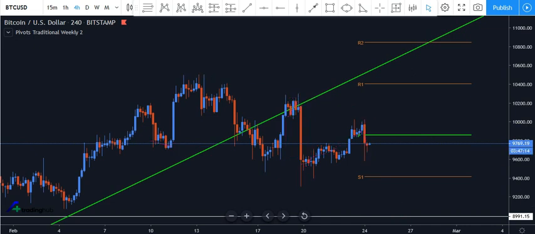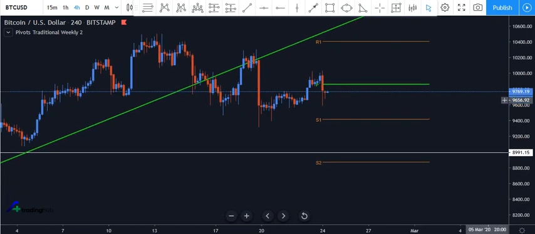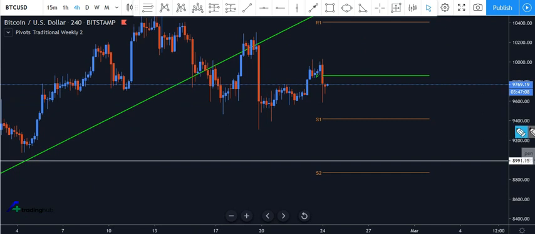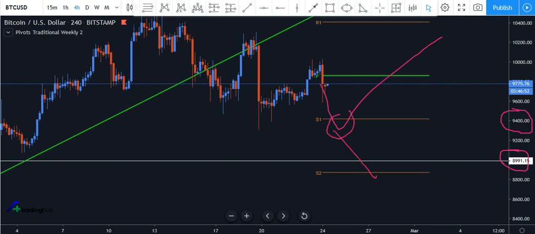So if you also want to buy Bitcoin, please wait for price to kiss the 9,400 zone or the 8,991 zone before you buy again. Price touches here and you get a good price action, you buy. If it misses there and touches here, you buy from here to the upside. So that is it on Bitcoin.